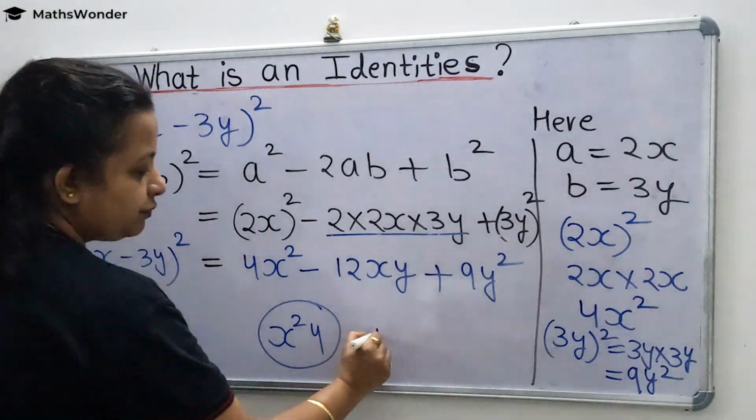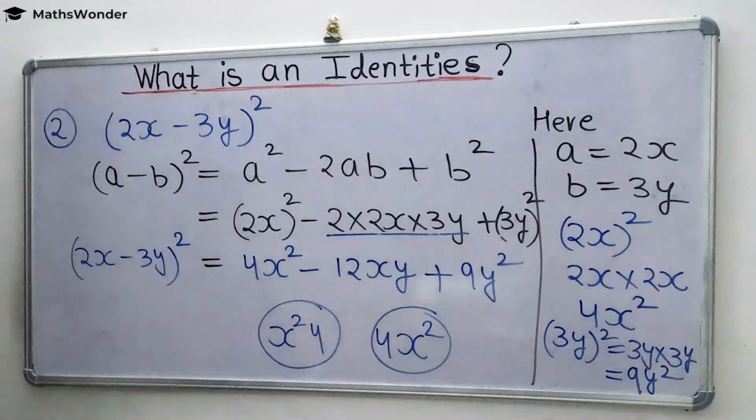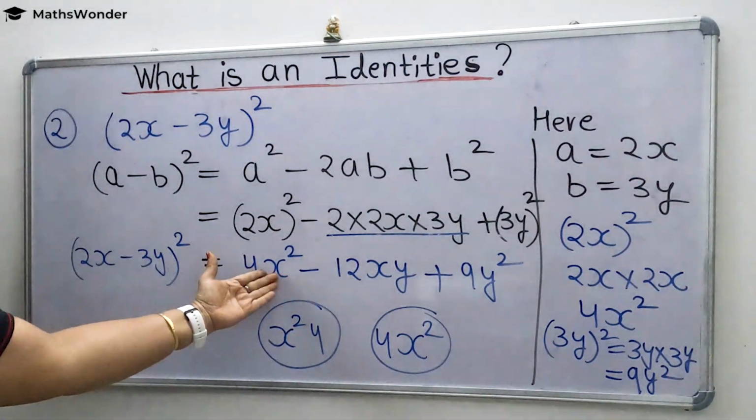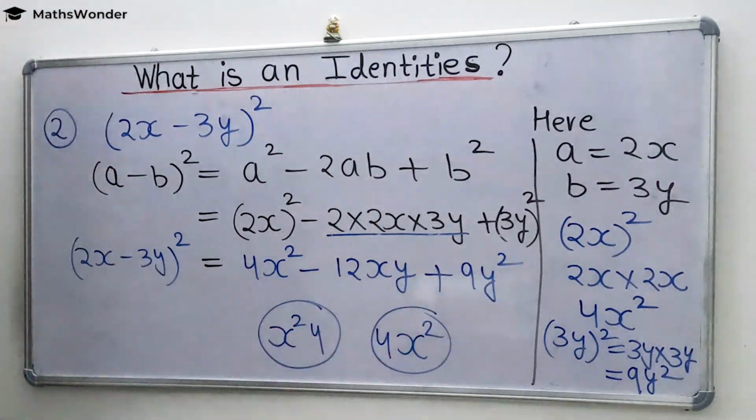Always numeric value first, variable second. It's the format of algebra, it can't be changed. So always prefer the numeric value first, then the variable. Numeric value, variable. Always the sequence.